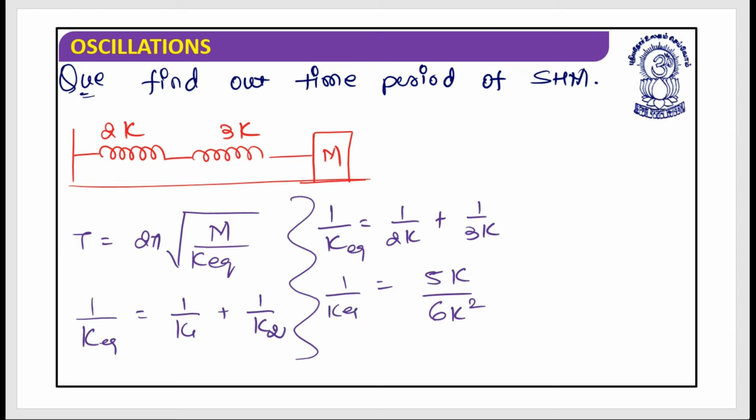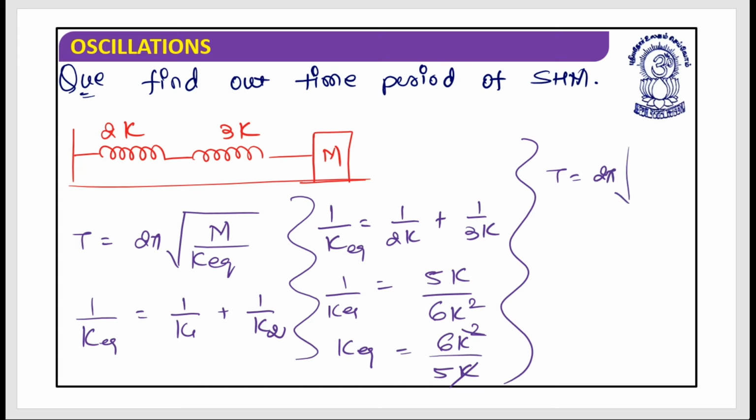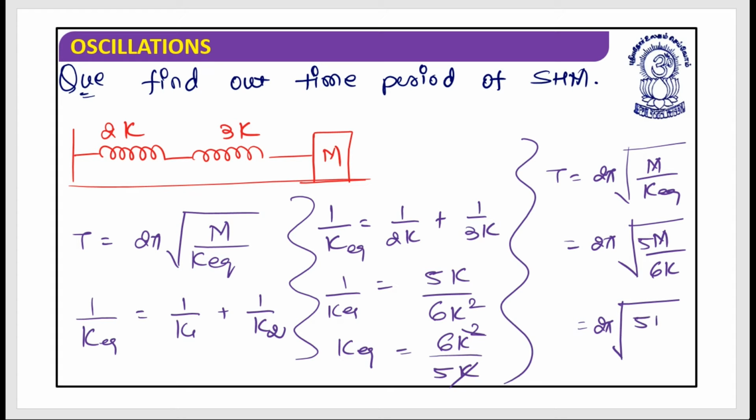This is 1 by K equivalent, so K equivalent equals 6K square divided by 5K, which is 6K by 5. So T equals 2 pi root of M divided by K equivalent, which is 2 pi root of 5M divided by 6K.